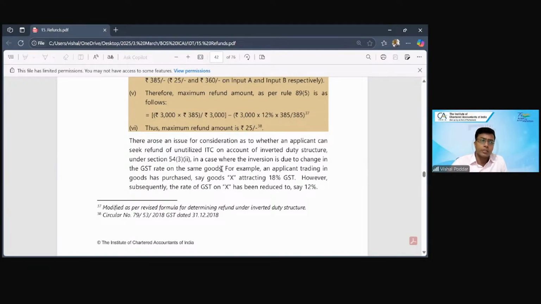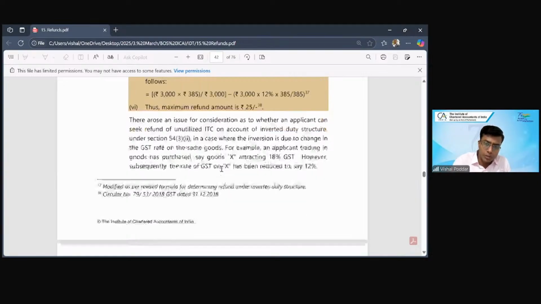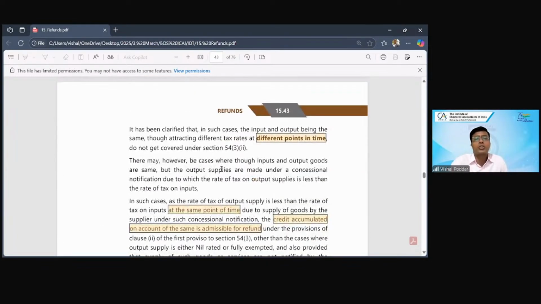Interestingly, let us assume immediately after the council meeting, the notification is also passed. Now I have a scenario where when I purchased these goods, I had paid 18%. But now when I'm going to sell these goods, the rate has become 12% for the same goods. The question was whether this will be considered as inverted duty structure and whether I should be allowed refund.